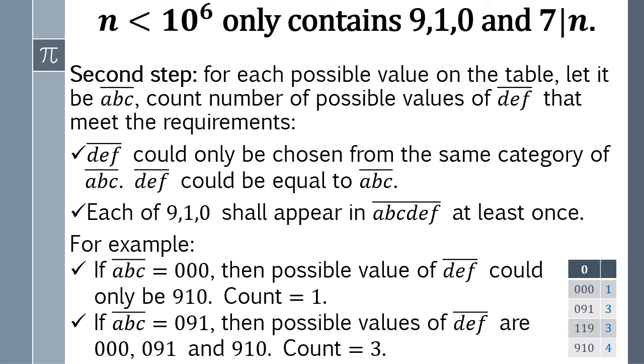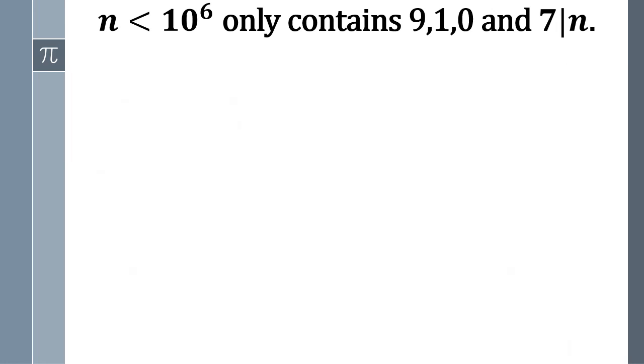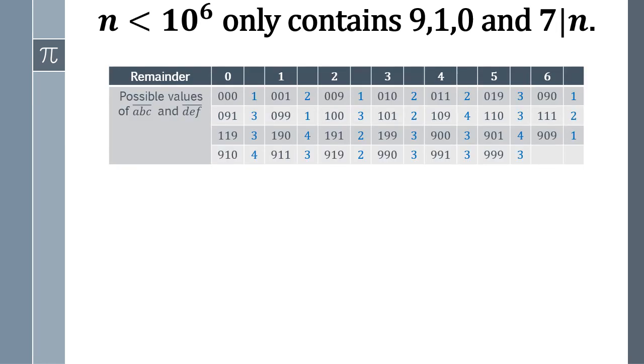If abc is 091, then possible values of def could be 000, 091, and 910. That means for 091, the count will be 3. I'm going to repeat this process for all the remaining numbers, and this is the table.